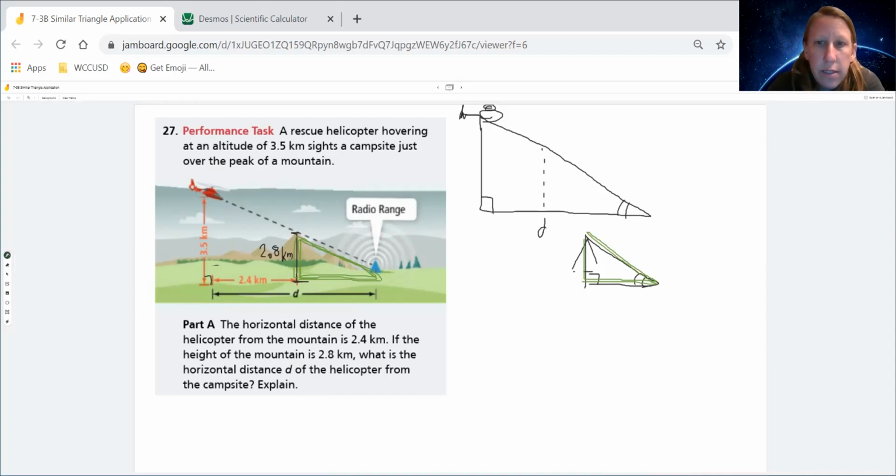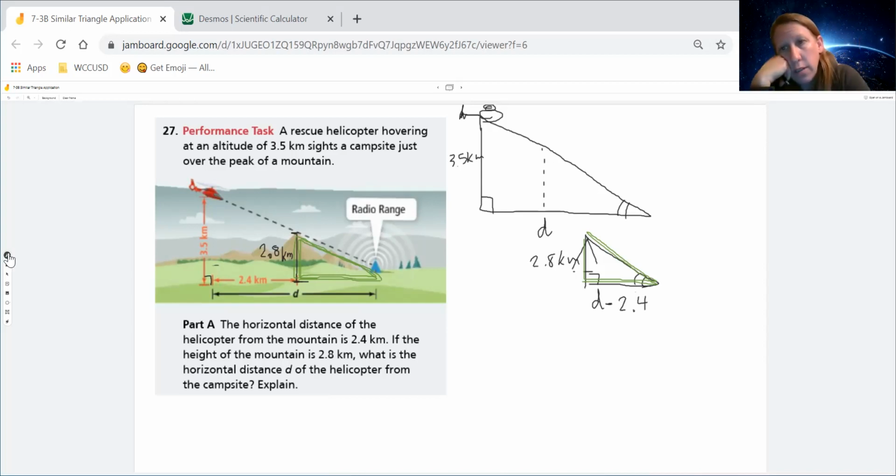So this is the D. This is 3.5 kilometers. And this is 2.8 kilometers. And this, that's the trick right there. That is D minus 2.4. That's the hardest part of this problem. This length right here is D minus 2.4.